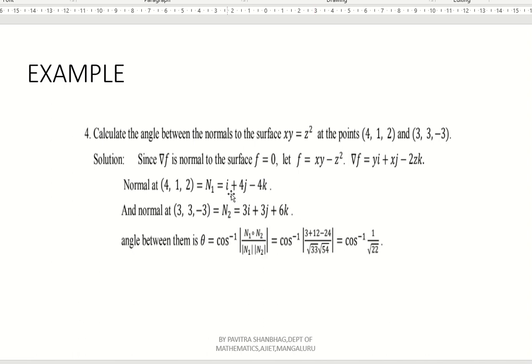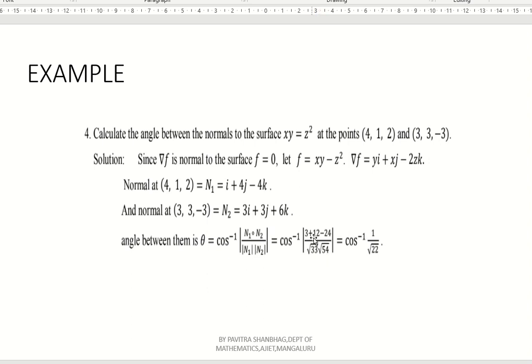Sum of the squares of these coefficients, 1 square plus 4 square plus minus 4 square. So what? 1 plus 16 plus 16, root 33. Similarly here, root of 3 square plus 3 square plus 6 square. So what you will get? 9 plus 9 plus 36, that is root 54. So cos inverse of 3 plus 12 minus 24 divided by root 33 into root 54.